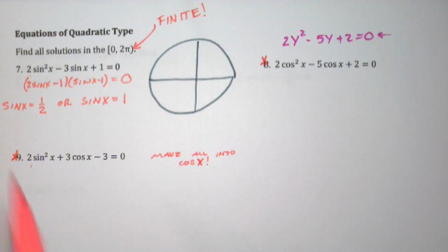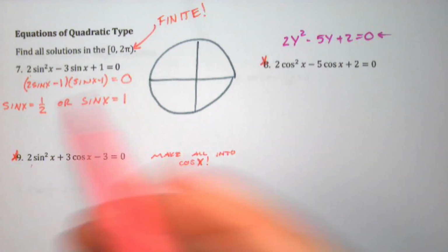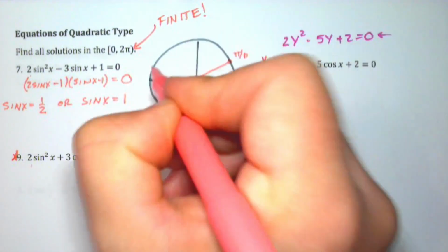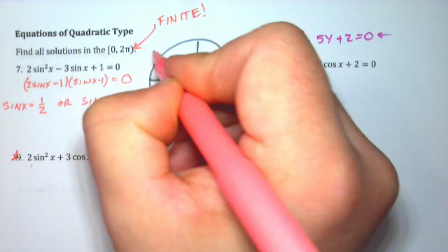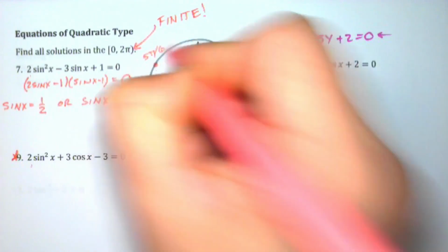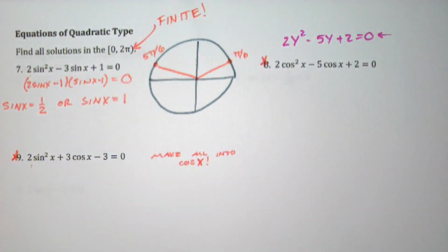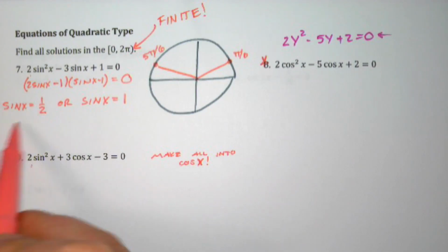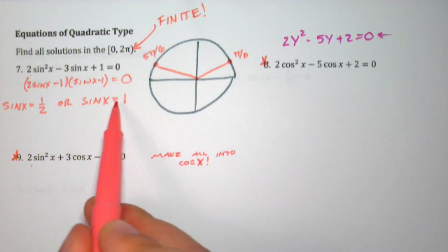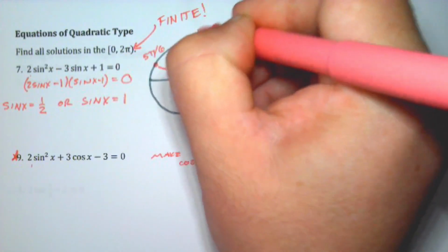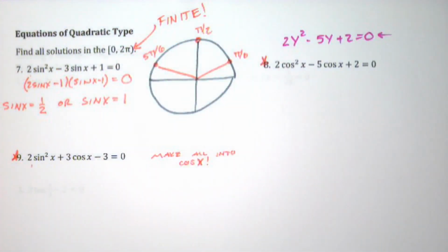So on my unit circle, where is sine going to give me a positive 1/2? Well, that happens at pi over 6, and then again at 5 pi over 6. So that covers the 1/2 bit. And then where is sine positive 1? That only happens at one spot. That's straight up at pi over 2.